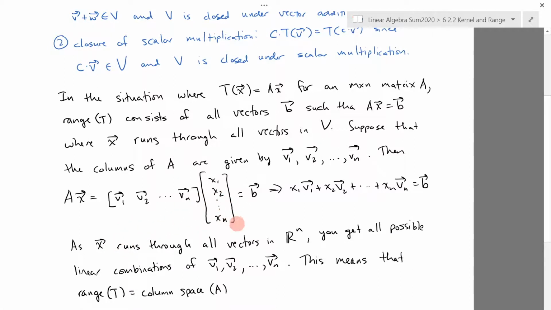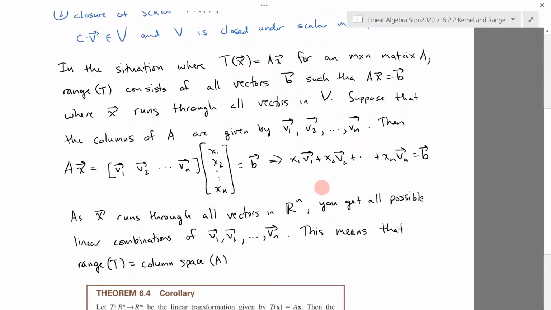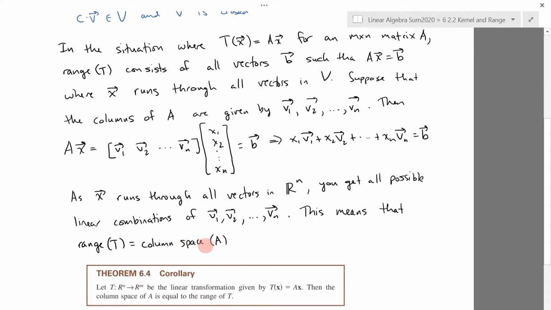But then as you take all possible vectors X that run through all vectors in Rn, you let x1 through xn vary, then you get all possible linear combinations of the column vectors. So any output vector can be written as a linear combination of the column vectors, and so the range is the same as the column space.